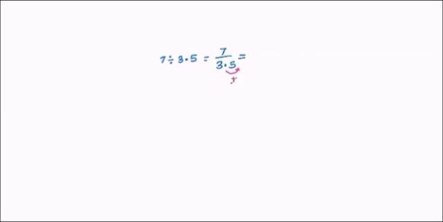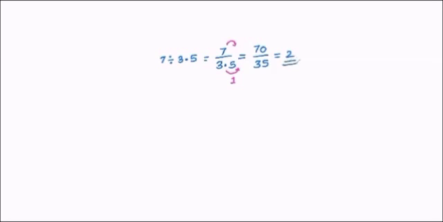I am moving one place. So if I move my decimal point one place to the right in my denominator, I have to do the same thing in my numerator as well. So the numerator decimal point is here. If I move it 1 place, it becomes 70. So it will convert into 70 upon 35. Now do the division. 35 2s are 70, so the answer is 2.